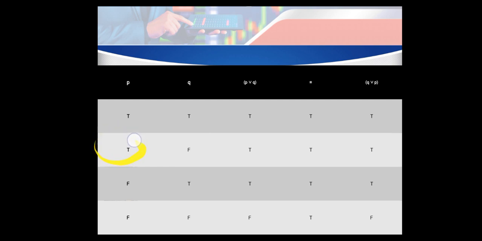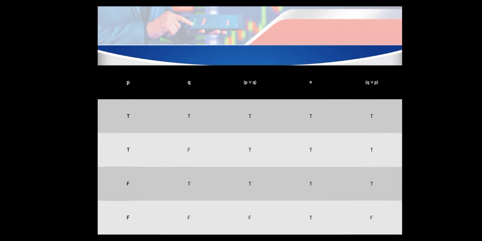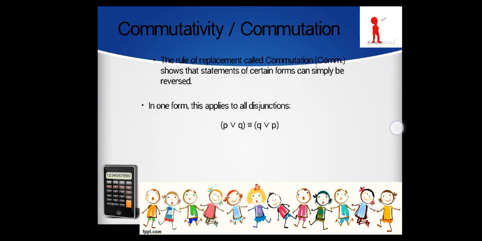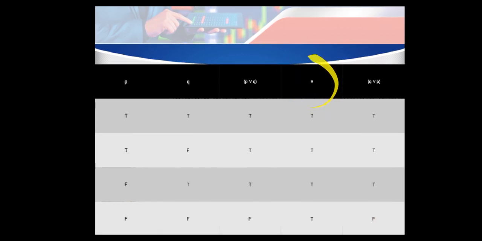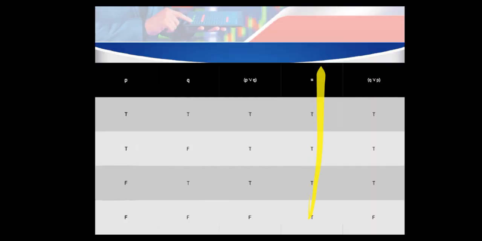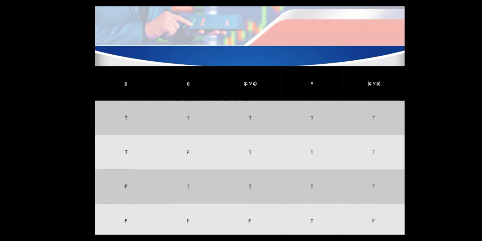This is 5 and this is 2, so the maximum value is 5. That's why we have the value T. And whatever the value of this one is, it is also the value of this one, because they are equivalent. As you can see, the equivalence here is also T, because this statement is true.